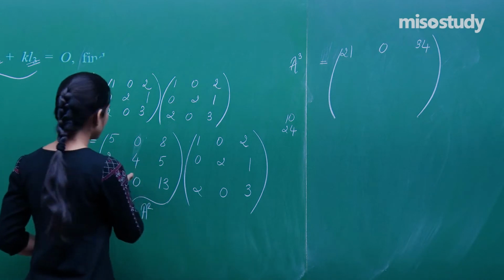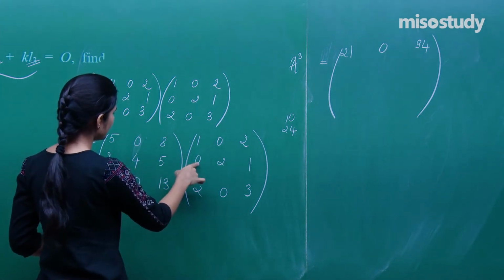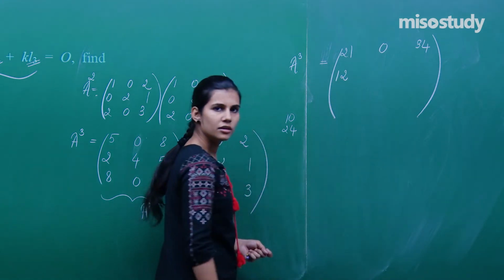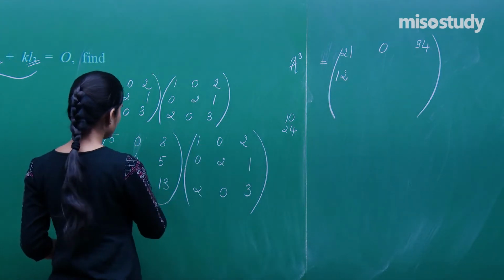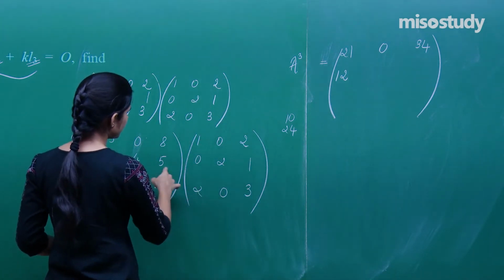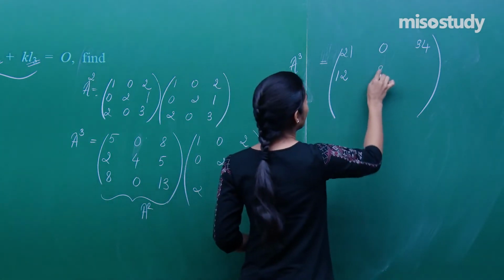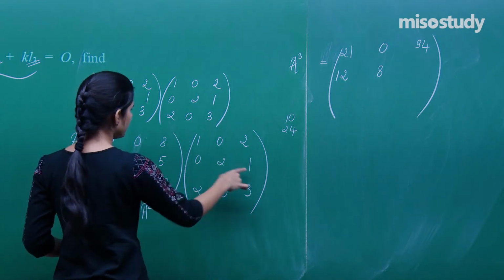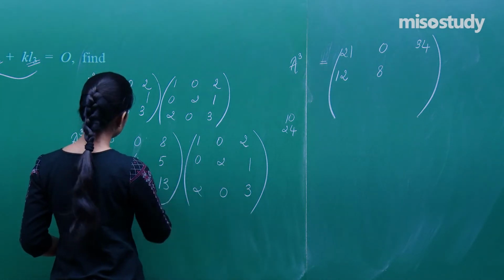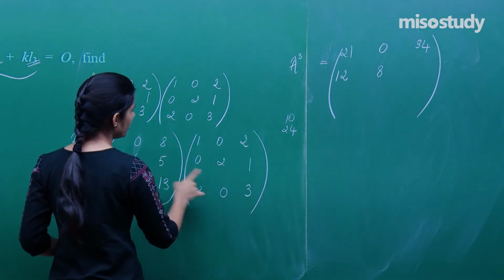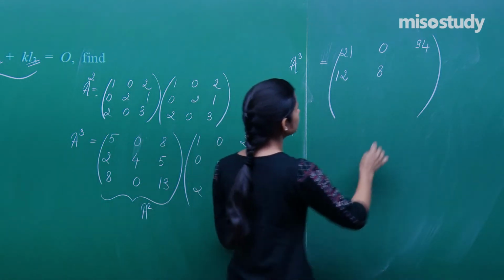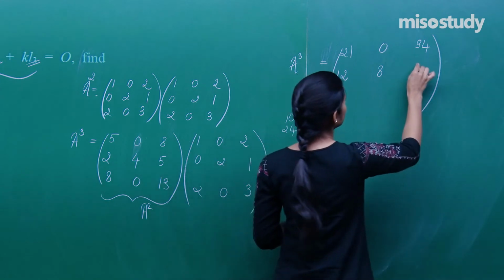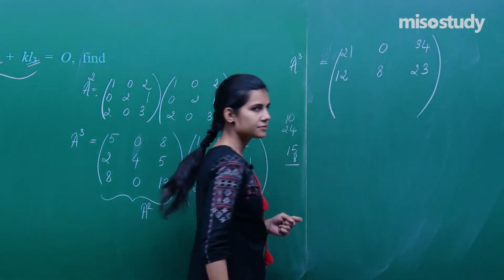Fine. Then you have 2 plus 0 plus 10. Fine. Second row, second column, 0 plus 8 plus 0. Then second row, third column, 4 plus 4 plus 15. See, 2 into 2, 4 plus 4 plus 15. This is 15 plus 8. Fine.